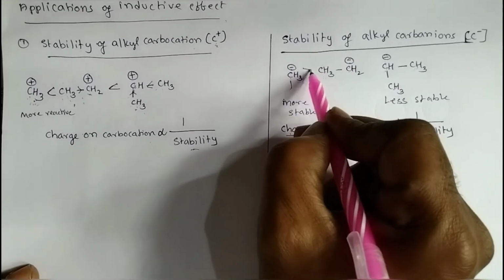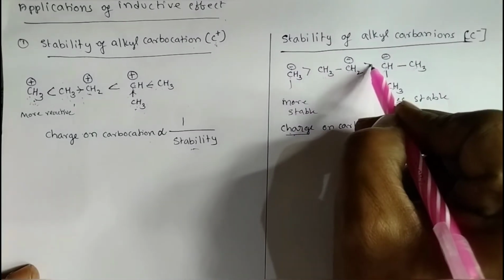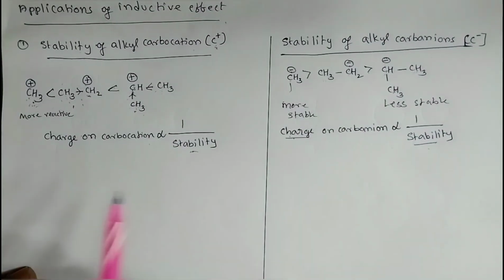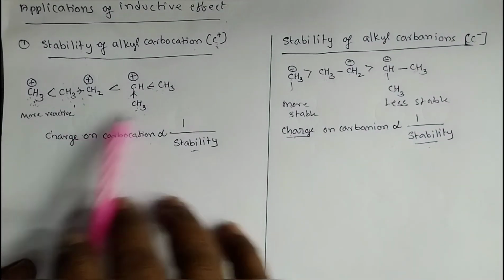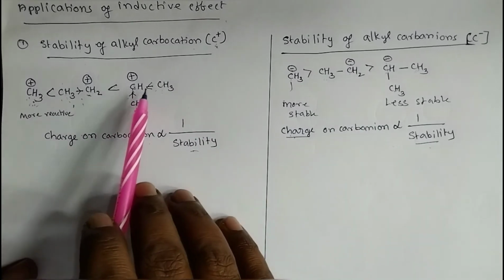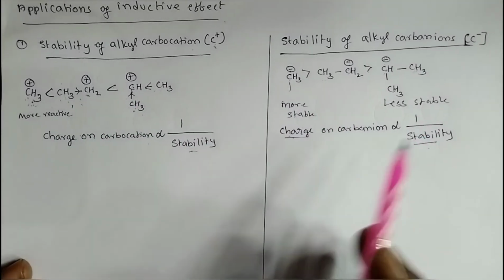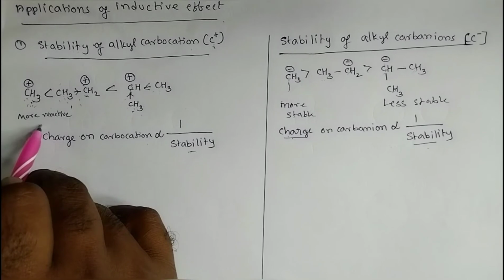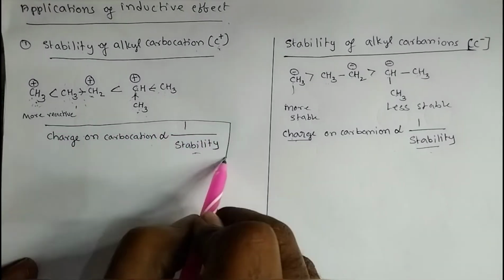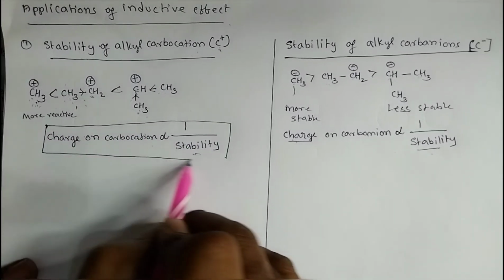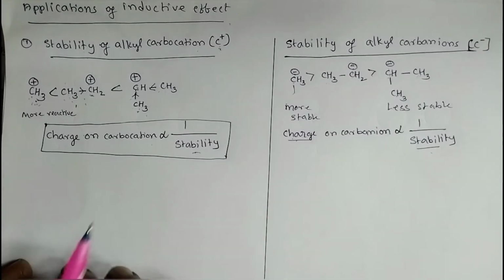So this one is more stable than this one, and this one is more stable than this one. This is how you need to understand the stability of carbocations and carbanions. Just follow this trick to understand the stability.